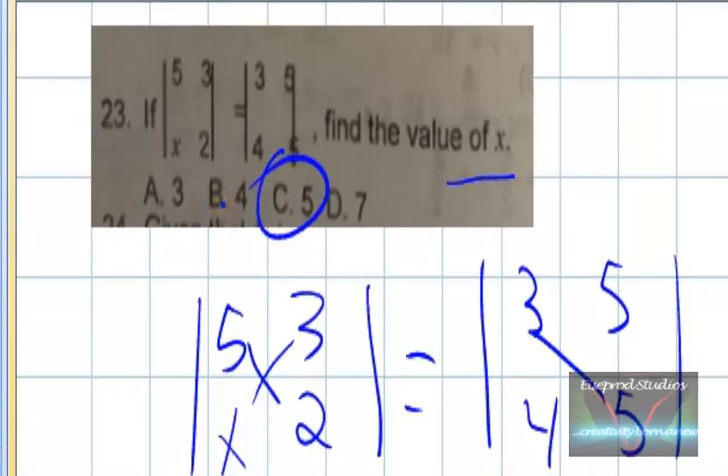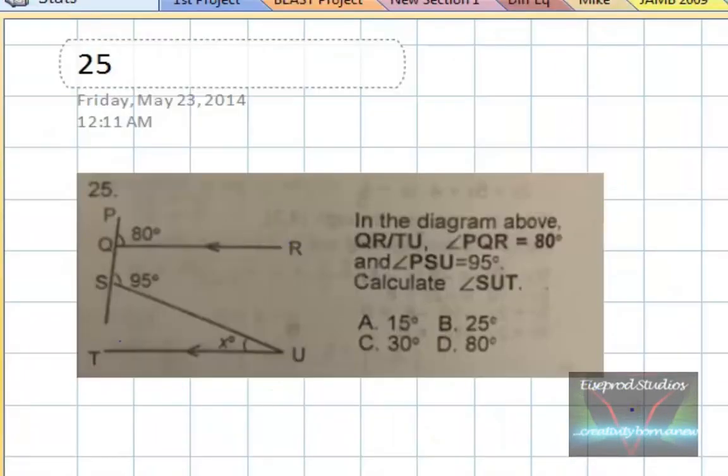And that's my answer. Alright, so question 25, they want us to calculate this angle x, or SUT is the correct angle. And so what we're going to do is first we have to know what they told us here. QR and TU are parallel.